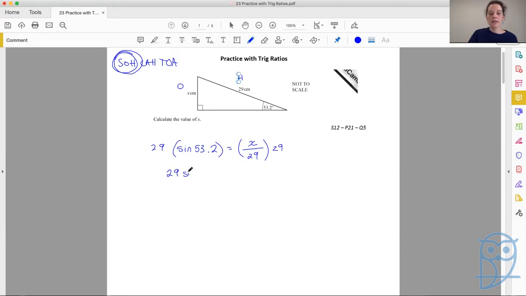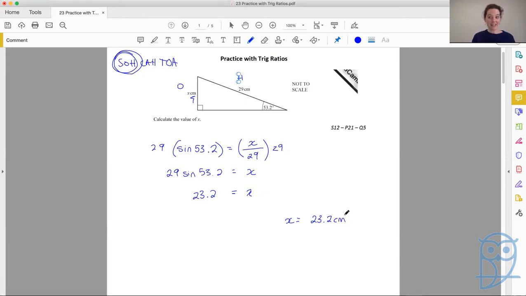So 29 sine 53.2 equals x. And then we can take our calculator, 29 times sine 53.2, close brackets. And x is going to equal 23.2. Here we've got a proper question. So we check our units. We see it's centimeters on our triangle. So x equals 23.2 centimeters, because those units are important.